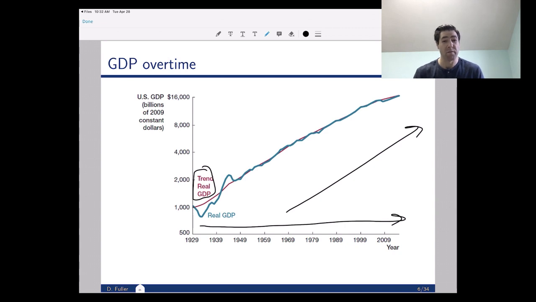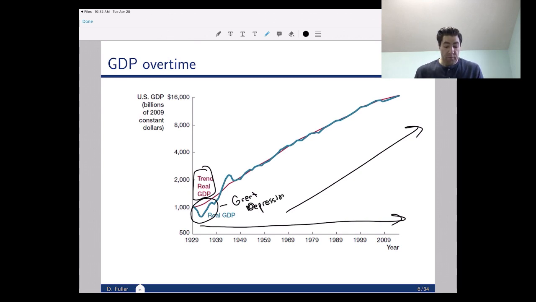For the most part, the blue line is more or less inseparable from the trend. On average, we're producing more stuff and having higher incomes. It's very smooth along the red line, except we notice this big decrease around 1930. That's an event called the Great Depression that we'll talk more about.